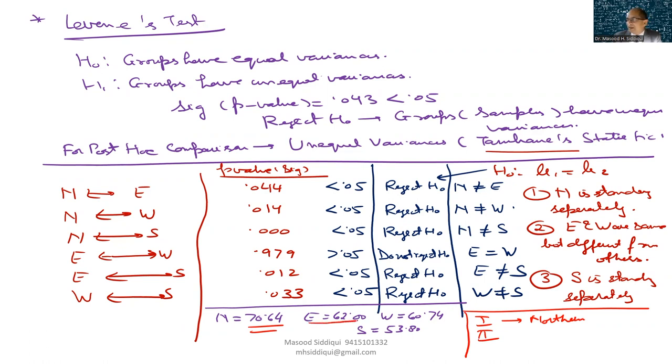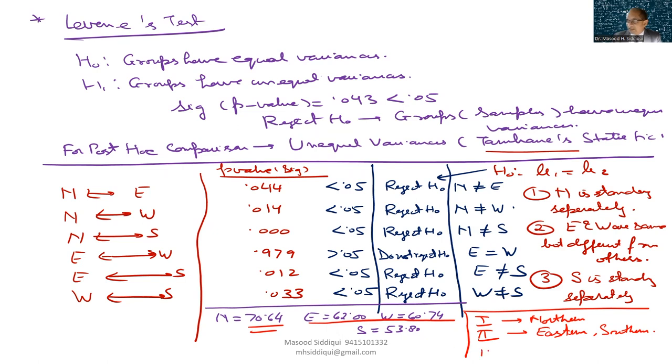But we have just examined that there is insignificant difference between eastern region and the western region, right? So we say that this difference is insignificant, that is 62.00 and 60.74 is the insignificant difference.